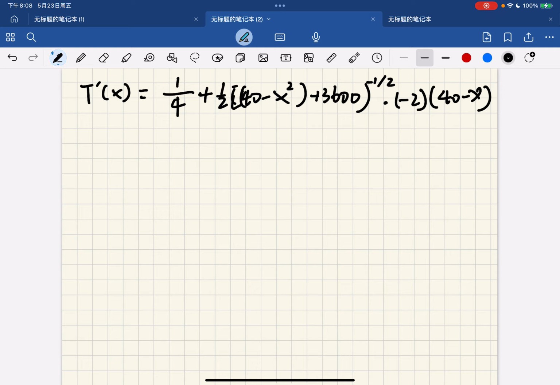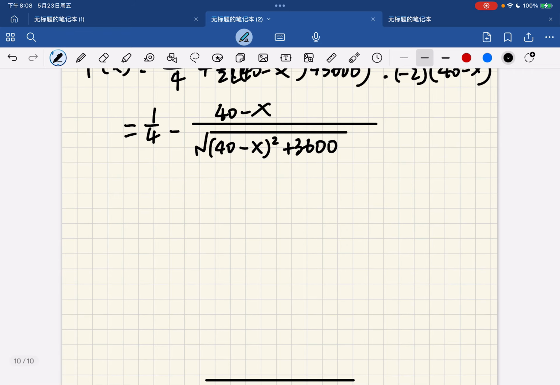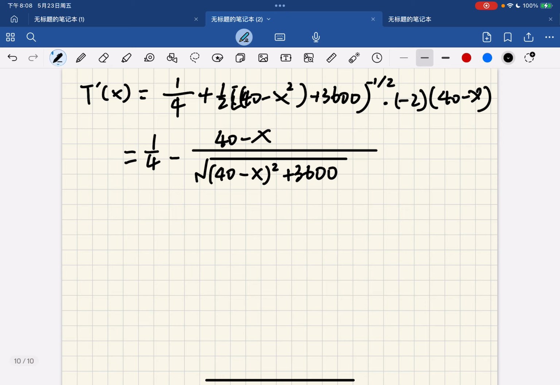We need to do the further calculation, and this will be our final equation of the first derivative.